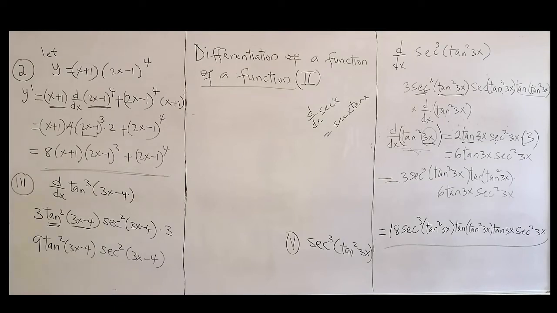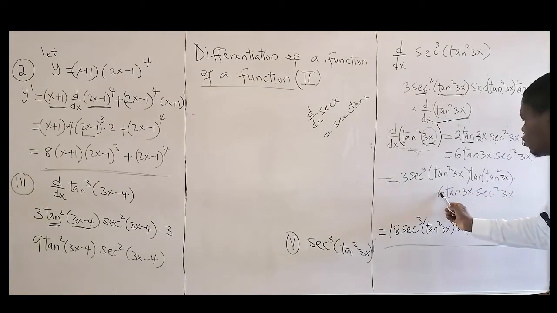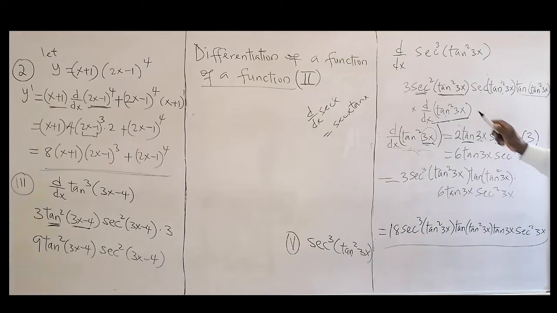Then what we need to do now is to come back and put that differentiation there. Then finally multiply everything together, this one times this one, that's 18, and don't forget you have sec squared here, you have sec here, making sec cubed of the function, because the angle must be the same before you can multiply.